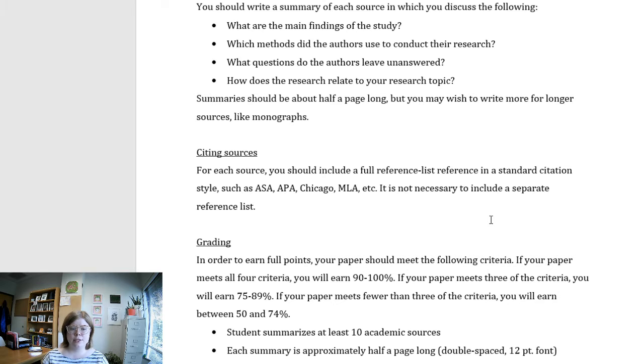So if you're a sociology major, you might use ASA. If you're a political science major, you might use APA or Chicago. If you're a different social behavioral science major, you might use MLA. I don't really know, but as long as it's a standard reference format, I'm okay with it.